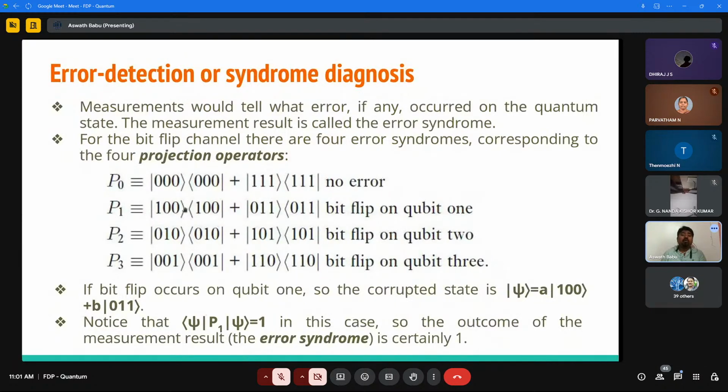How do you know? Take P naught and act on the given quantum state which is coming out from the circuit.